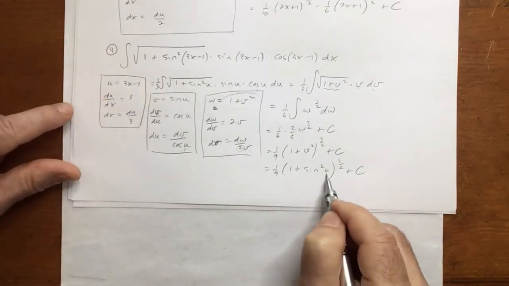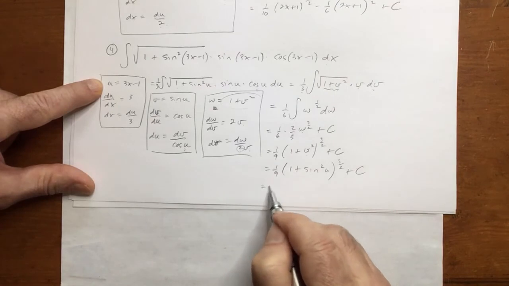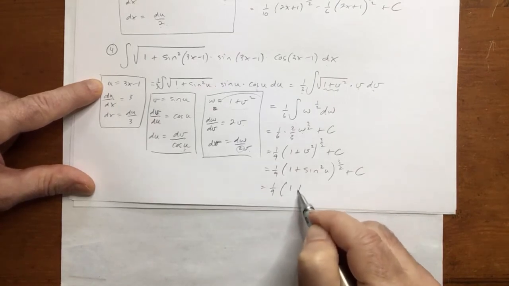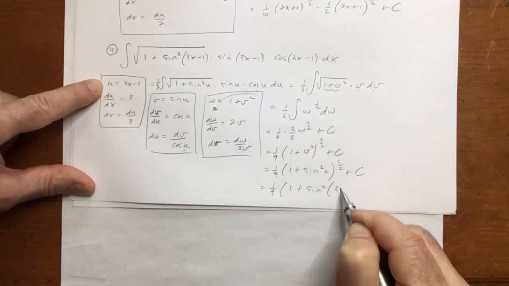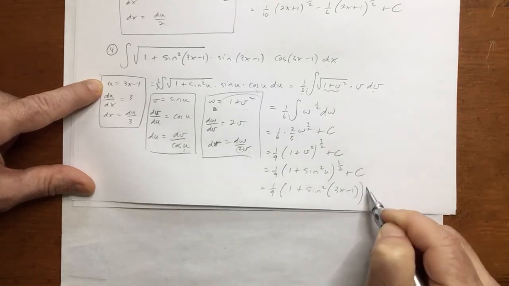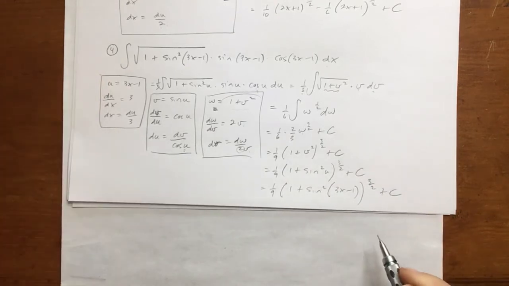And finally, u was 3x minus 1. Not a very intuitive answer.